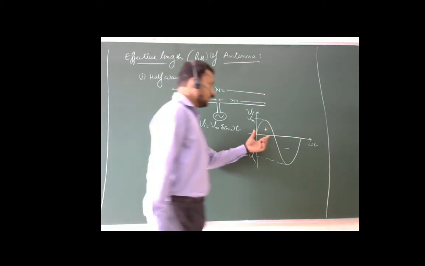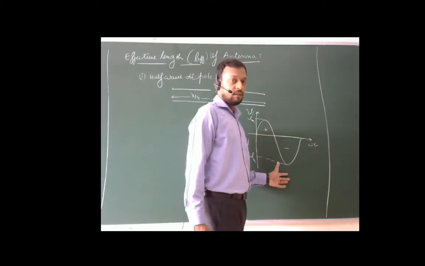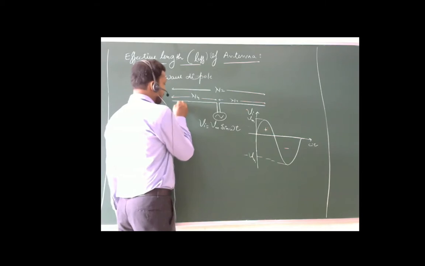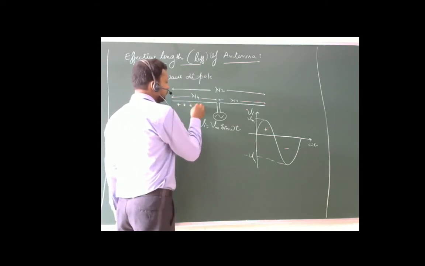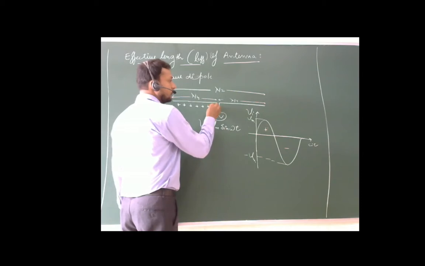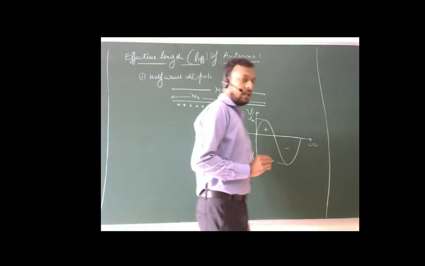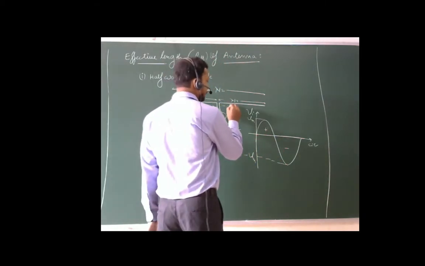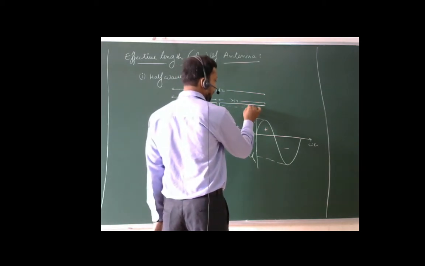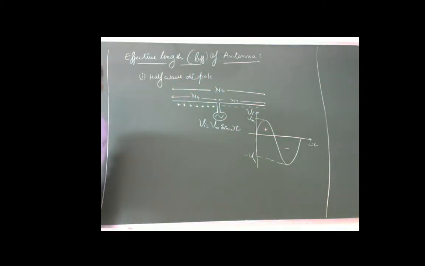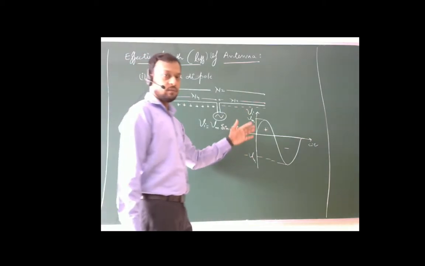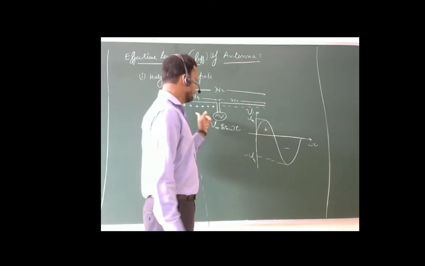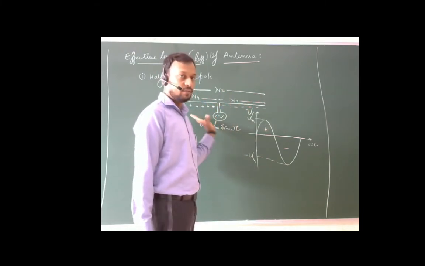So this is the positive half of the applied signal and this is the negative half. When the positive half is applied to this plate, it acquires a positive polarity, and in contrary the opposite plate gets negative polarity. So this whole configuration is half wave and it has two poles, plus and minus, so it is a half wave dipole.